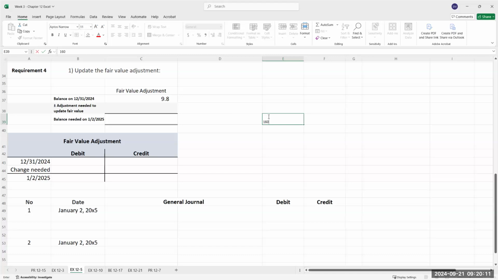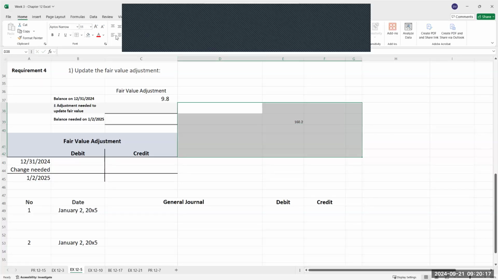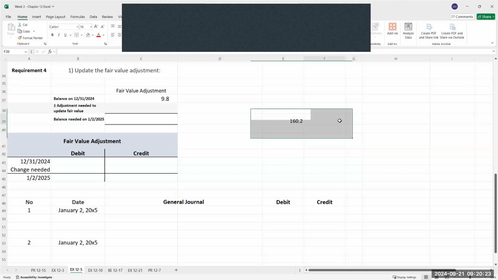$160.2, which represents our amortized cost. 160.2, which represents our amortized cost, and it is currently being sold for 150. So therefore, how do we determine the amount?